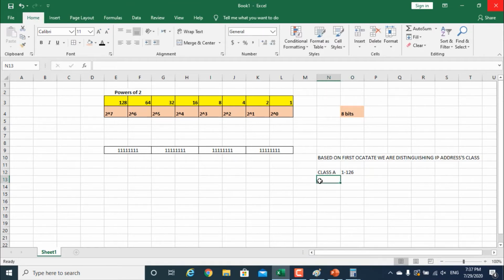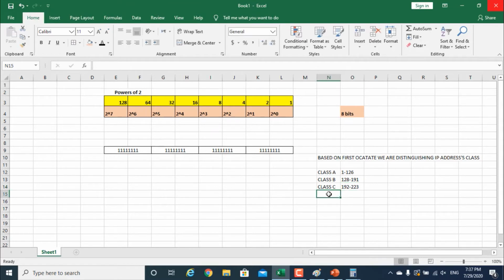that's class A. And class B starts from 128. Why not 127? Because 127 is not allowed; it's reserved for loopback. Class B goes to 191. For class C, the IP range is 192 to 223.